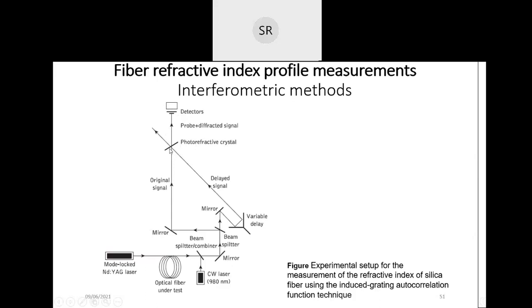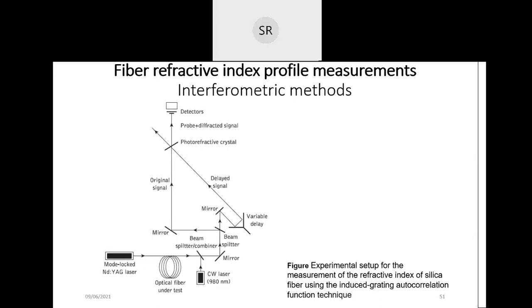Because of the original signal and the delay, there will be a small diffraction, and that diffraction is used here to implement the induced grating autocorrelation technique.